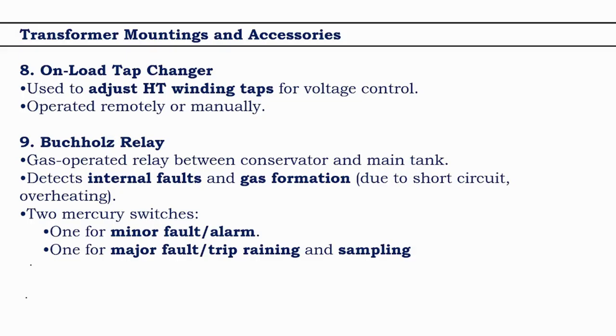If the voltage is lower than the set point, then the tap will change to increase it. Normally this tap changer is installed at the high voltage side, because the current is less at the high voltage side. So OLTC is always installed at the higher voltage side.